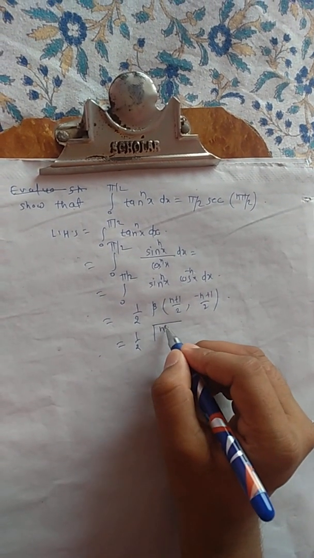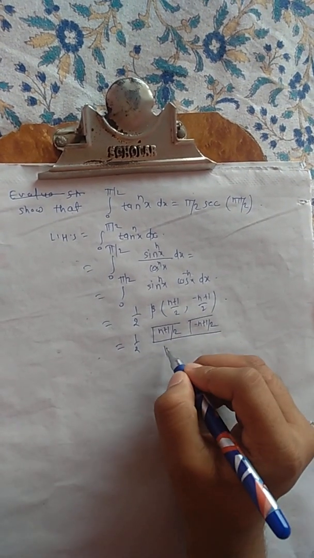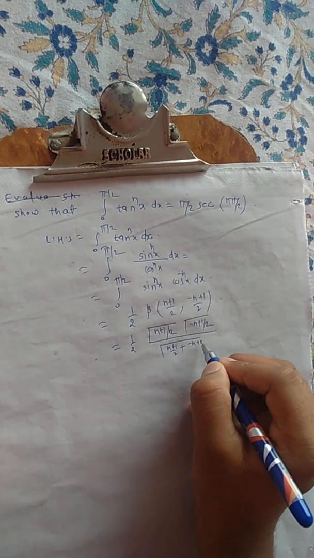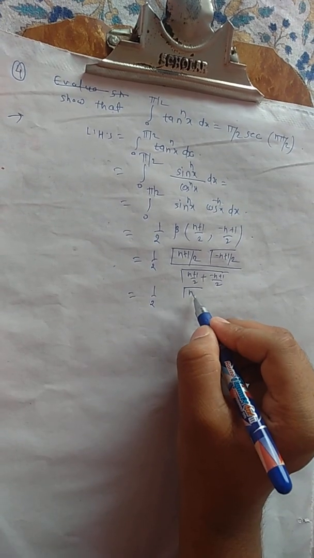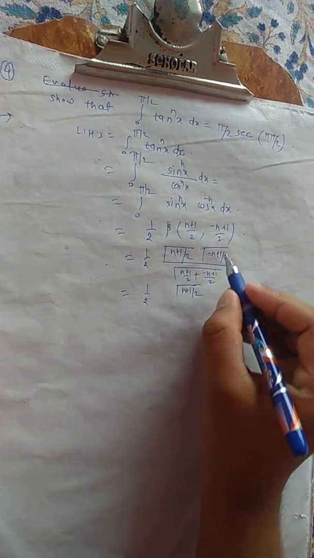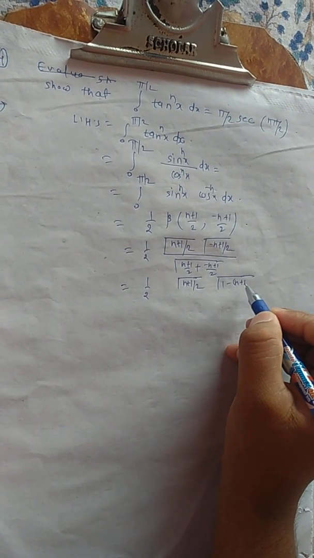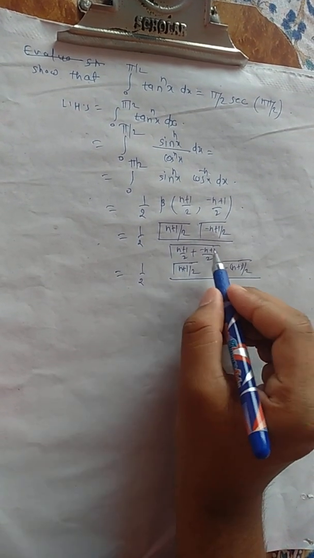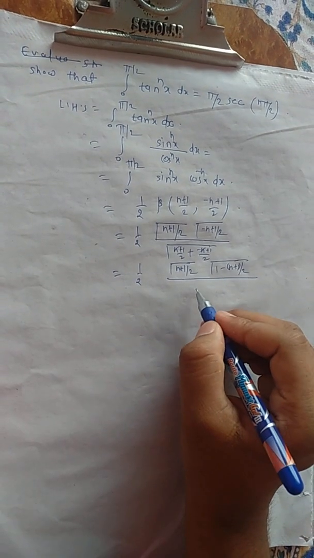We write it as gamma of n plus 1 by 2, gamma of minus n plus 1 by 2, divided by the addition gamma of n plus 1 by 2 plus minus n plus 1 upon 2, which is equal to 1 by 2 gamma n plus 1 upon 2, this quantity as it is, and this can be written as gamma of 1 minus n plus 1 upon 2, whole divided by gamma of, denominator, the addition: n minus n get cancelled, and 1 plus 1 is 2, 2 upon 2 is 1, so gamma 1 is there.